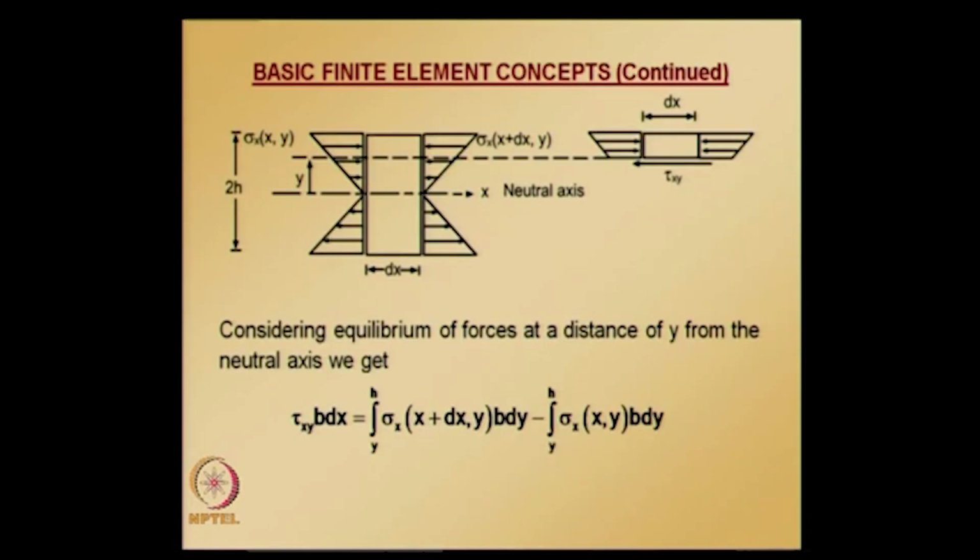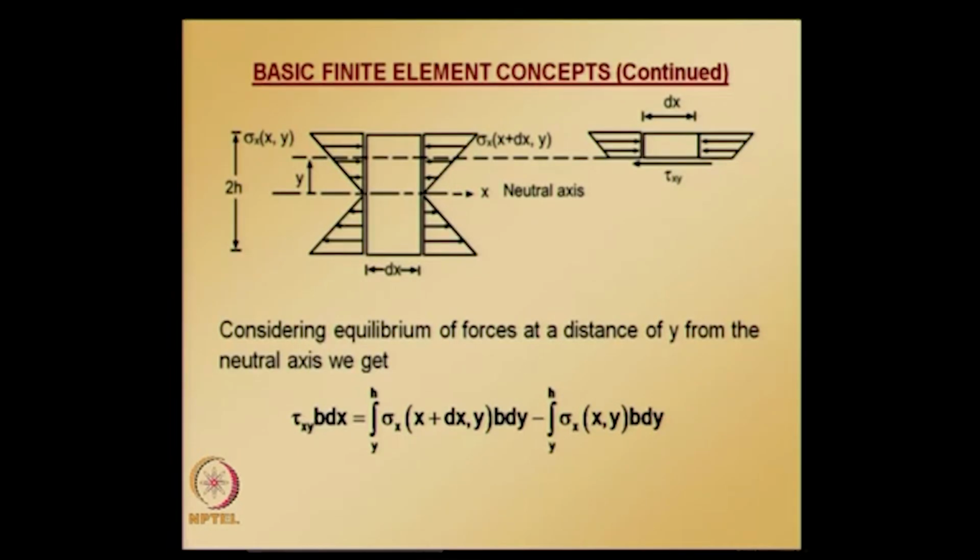So, sigma x times width times dy is integrated. Note that 2h is the total depth of the beam and the neutral axis coincides with the x axis. So the beam depth goes from h to minus h. Integrating sigma x times width times dy from y to h gives us the normal force, and integrating on either side of this infinitesimal element, we get what is shown in the equation on the right hand side.